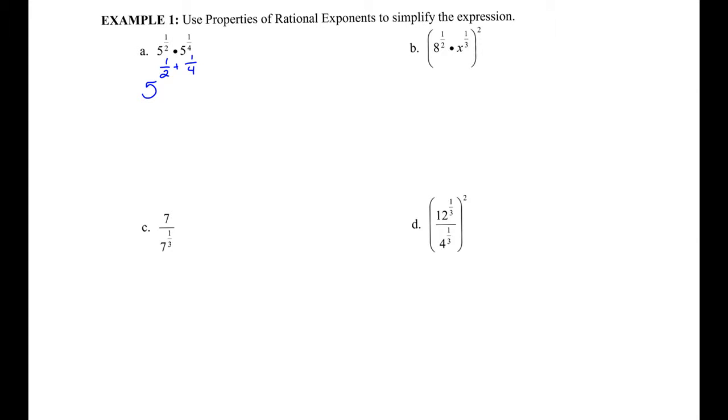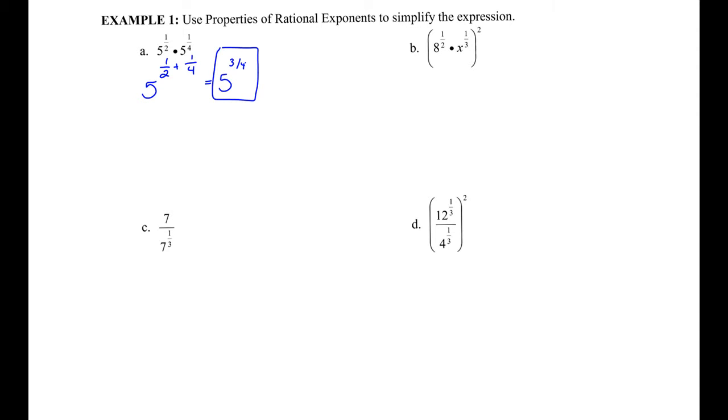And while you should not just type the whole expression in your calculator, if you need the calculator to help you simplify the fractions, you can. This 1/2 plus 1/4 is equal to 3 over 4. So this is 5 to the power of 3 over 4. And it doesn't simplify nicely, so we're going to leave it just like that.